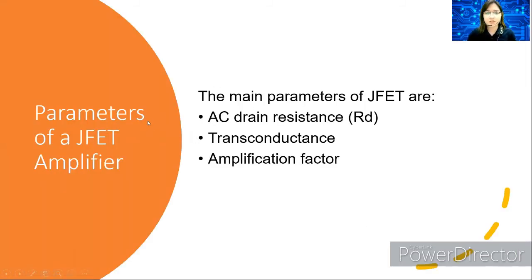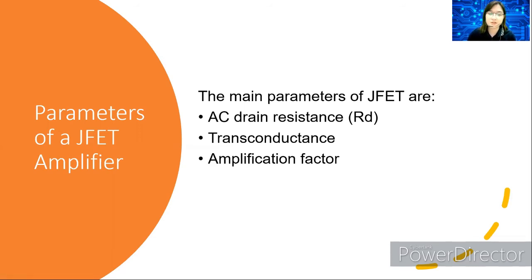So the parameters of a JFET amplifier are the AC drain resistance, also called RD, transconductance, which is the GFS, and amplification factor, which is the U. The AC drain resistance is the ratio of change in the drain source voltage, delta VDS, to the change in the drain current, delta ID, at constant gate source voltage.